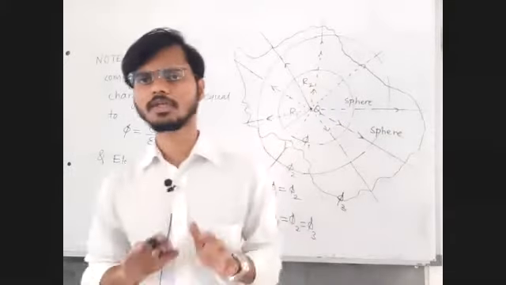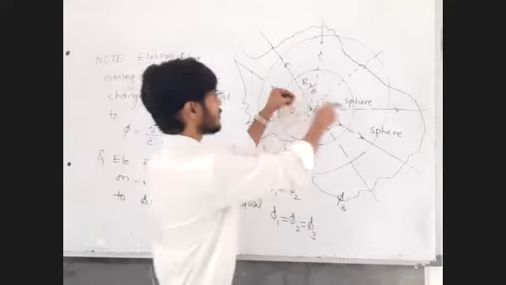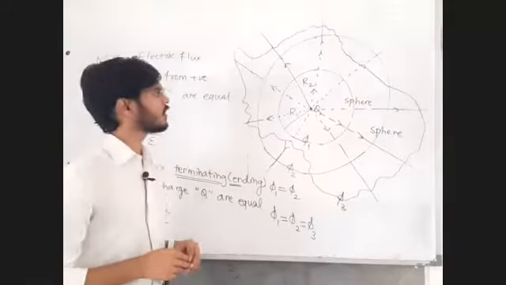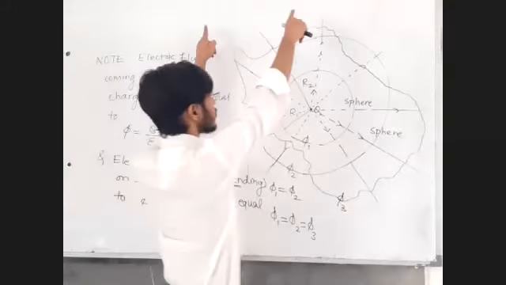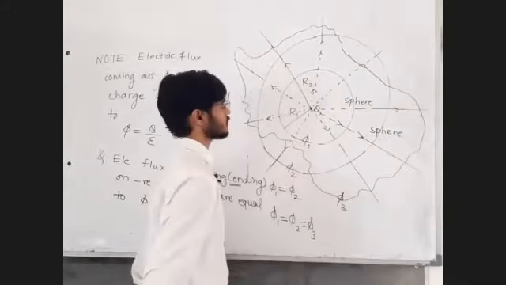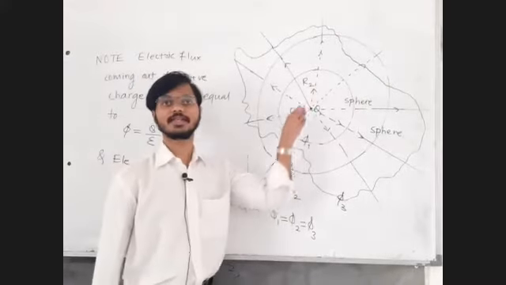Positive flux means what? Positive flux means they are coming out from the given closed surface. Negative flux means they are coming in to the given closed surface. It certainly means that inside that closed surface there is some negative charge.